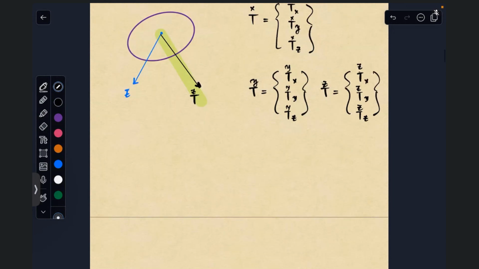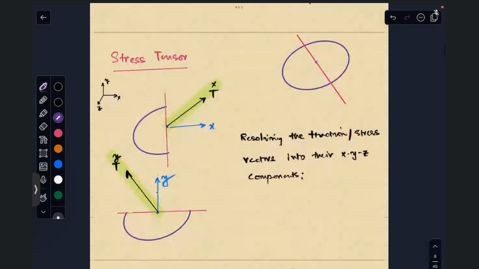Now, what is the stress tensor at this point of interest? So we have cut this at one single point, which is this one.